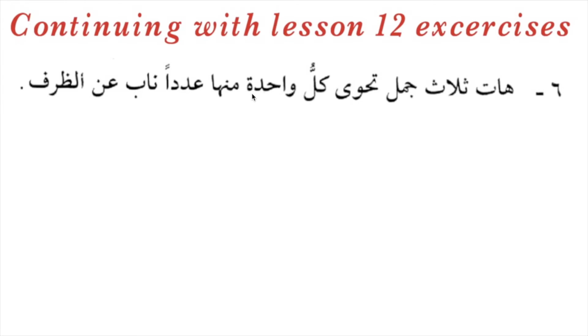Why is it wahidatin? Because jumalin is a jam'u ghayru aqil. So, each one of it, from it, minha adadan. So, what is adadan? It is a number. Naba, yanubu is to deputize, which is deputizing the zarf. So, we need to bring a number which takes the position of zarf.